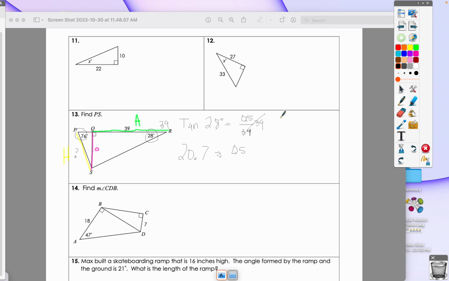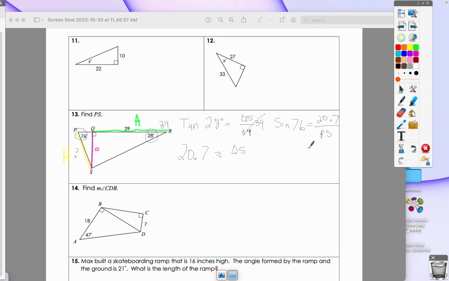Sine. So we're going to do sine theta, which, remember, I switched triangles, so now I'm using the 76 as my new theta. Sine is opposite over the hypotenuse. Well, that was the whole reason of me finding that QS, so that it is now the opposite for the triangle on the left, and I'm looking for PS, the hypotenuse, what the problem originally asked for.